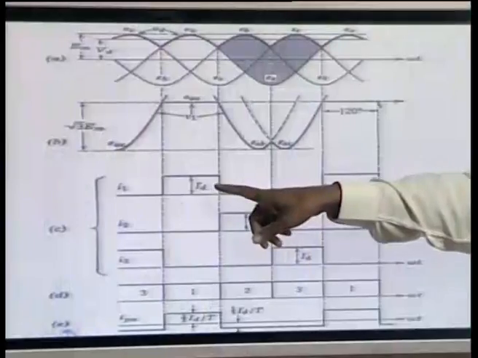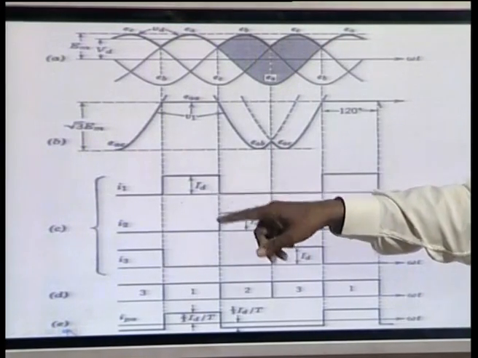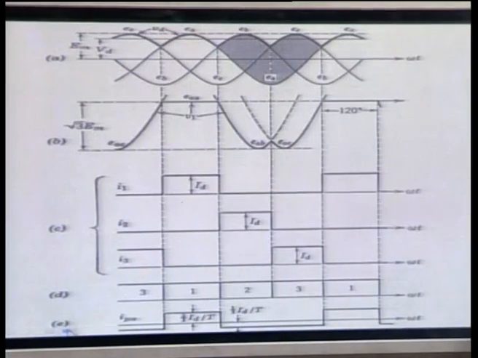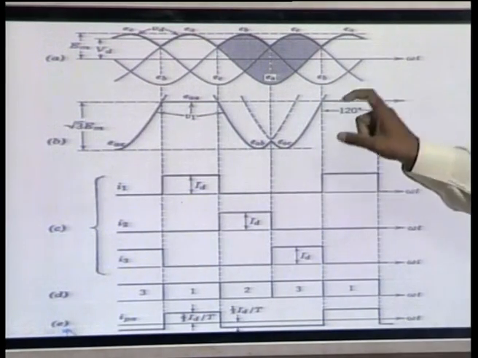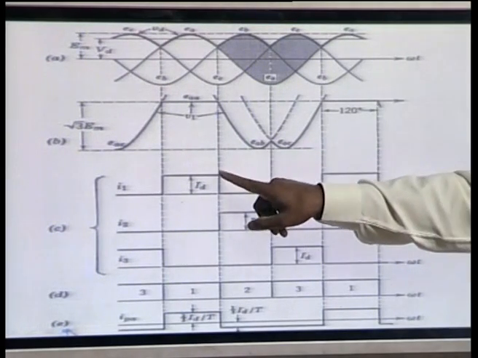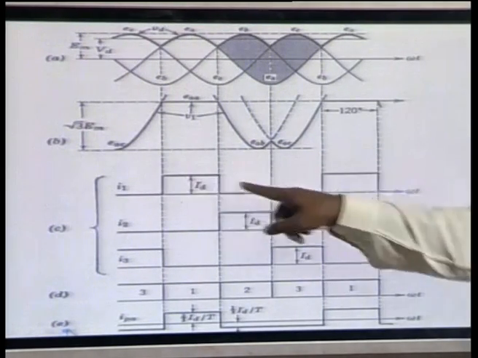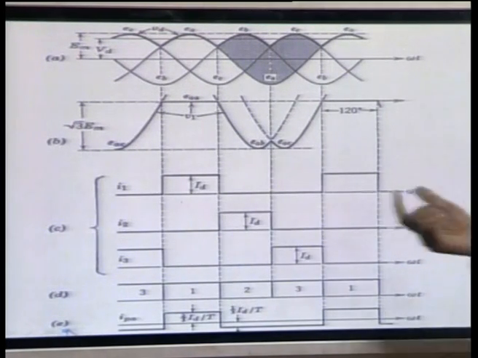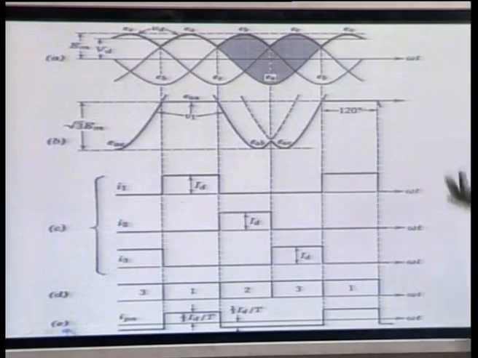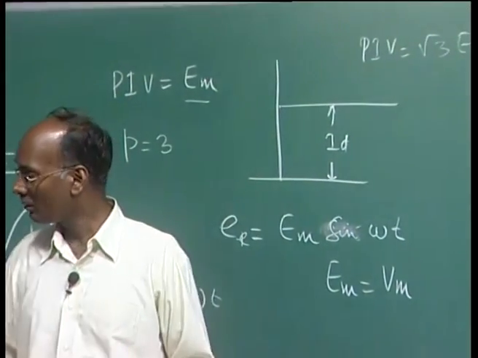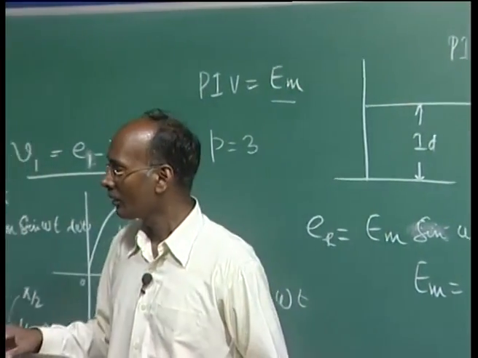It will be the average of this current multiplied by the peak inverse voltage. So, you can calculate the valve rating. Valve rating in terms of voltage will be root 3 Em. The average current will be Id by 3, because the conduction period is one third, and multiplying, you are going to get 1 by root 3 Em Id by root 3.